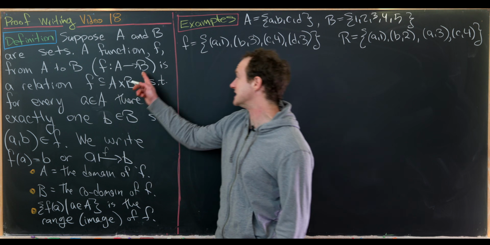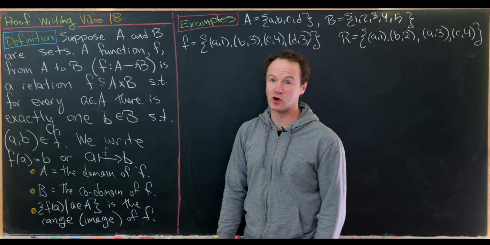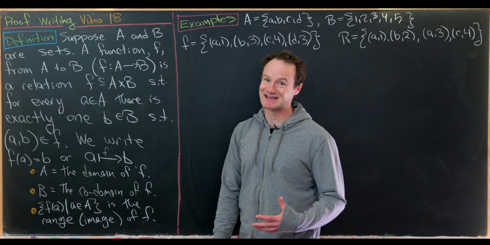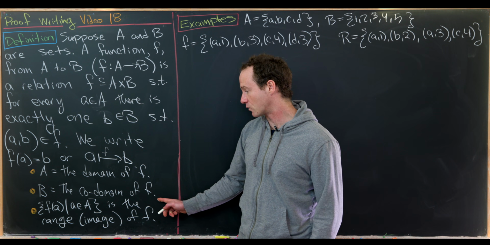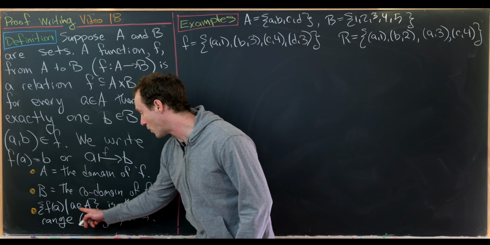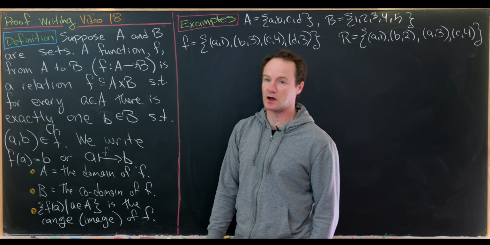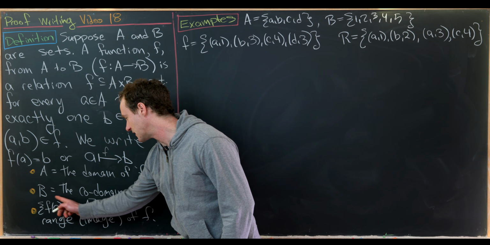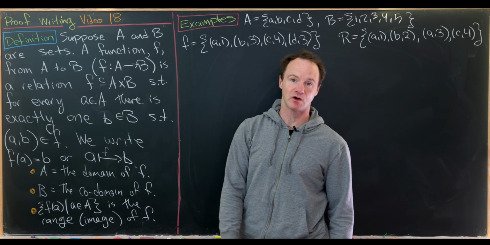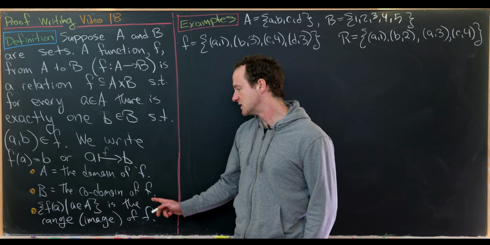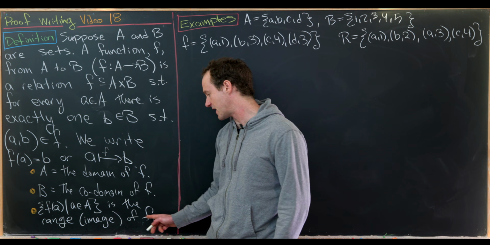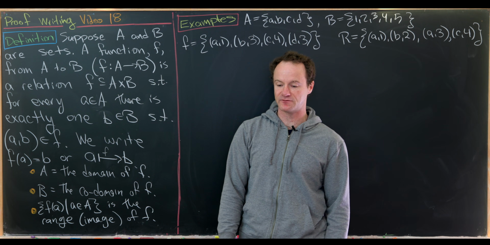Then B, which is the target, is called the codomain of f. Notice that's not the range of f. The range is only the points in B that get landed on. In other words, it's everything of the form f of a as a runs through all of capital A. Like I said, that's called the range of f, or sometimes the image of f.